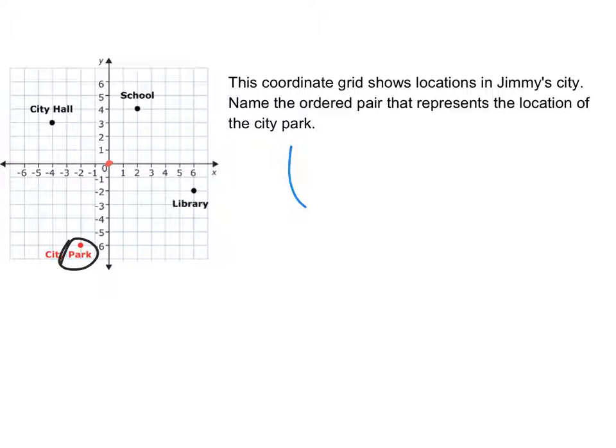We have to go left 2 spots to line up with City Park. When we move left, that makes our x-coordinate negative, so it's -2. Then up or down: we have to go down 1, 2, 3, 4, 5, 6 spots. When we go down, that makes our y value negative. So the City Park is located at (-2, -6).